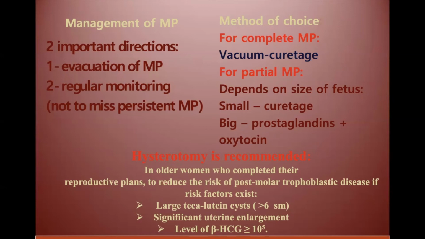But in some cases we can do hysterectomy. In which cases? If it's an older woman who has completed her reproductive plans, and we want to reduce the risk of post-molar trophoblastic disease. If risk factors exist, such as theca lutein cysts, significant uterine enlargement, and an hCG level of more than 100,000, we can recommend hysterectomy in these cases.